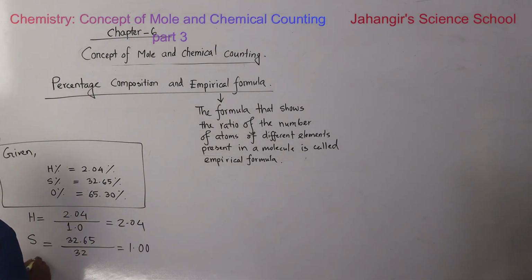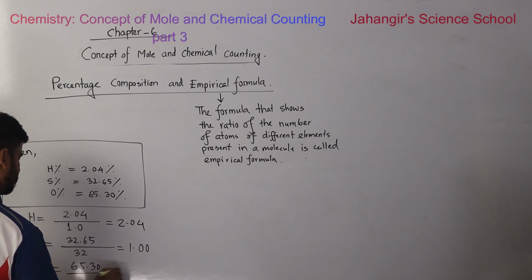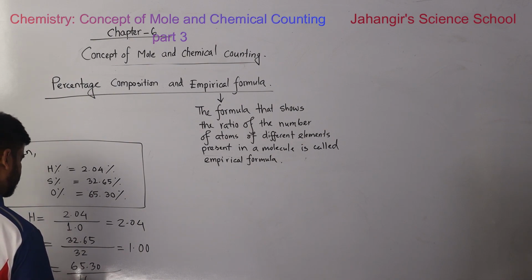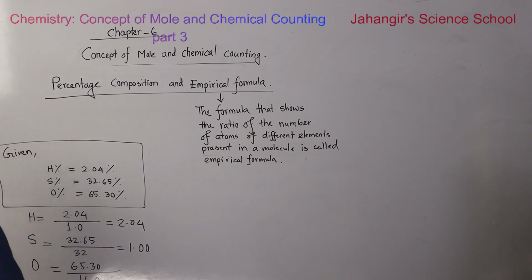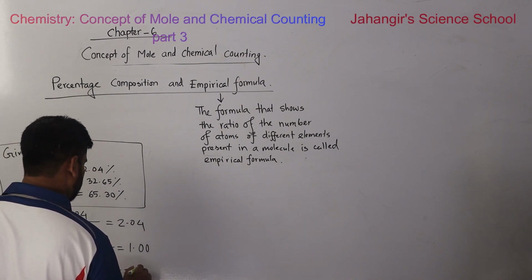And oxygen 65.30, after calculation, 16 is the atomic mass, so 4.